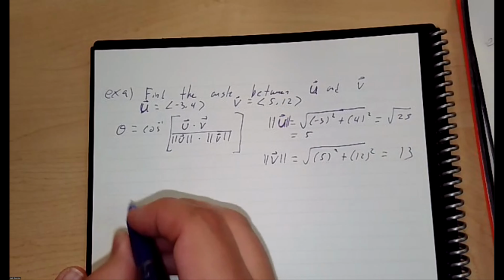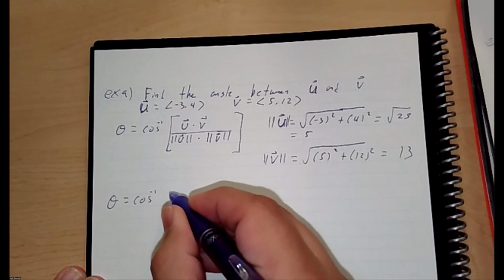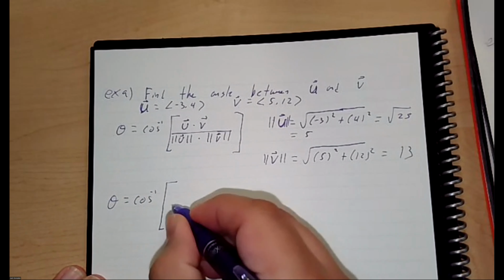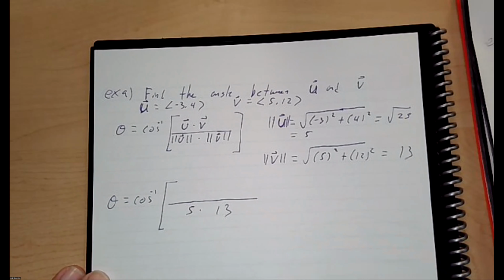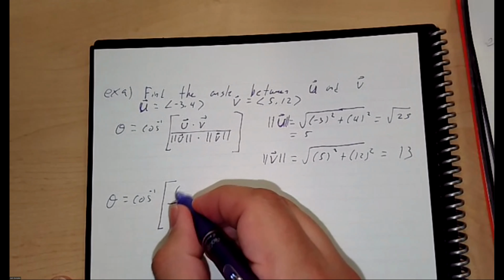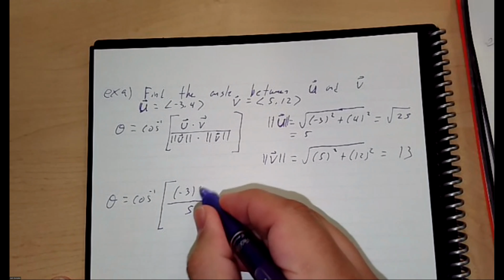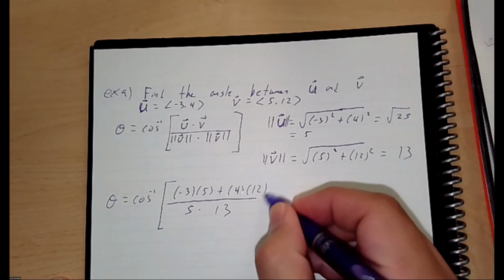So that means that theta will equal cosine inverse of, with 5 times 13 on the bottom, the dot product. The dot product will be -3 times 5 plus 4 times 12.